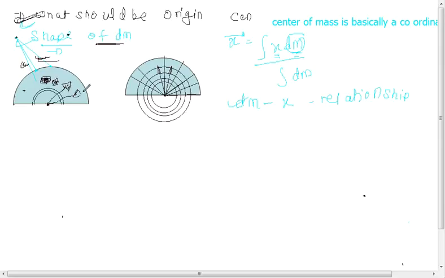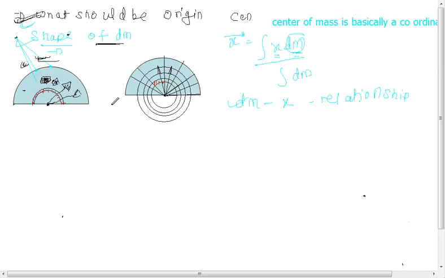But if you choose this as your dm, come here, this shape as your dm, then you have a circular symmetry, and it will make life very easy for you.